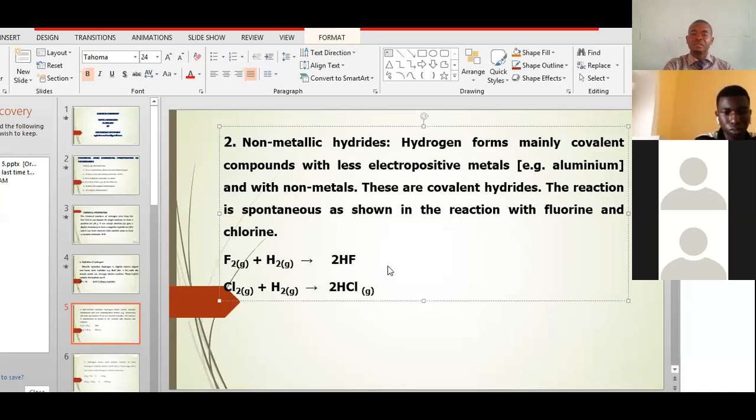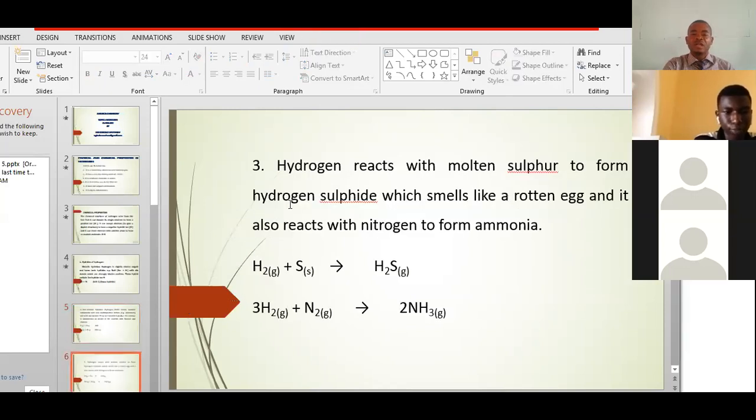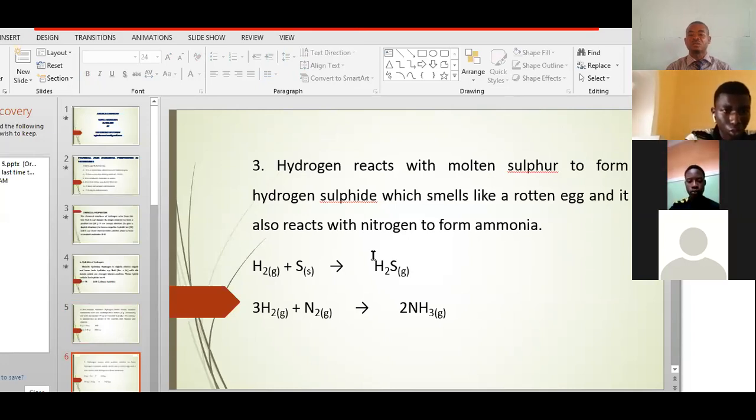Do you understand these chemical reactivities of hydrogen now? Yes, sir. That is very good. Number 3. Hydrogen reacts with molten sulfur to form hydrogen sulfide, which smells like a rotten egg, and it also reacts with nitrogen to form ammonia.